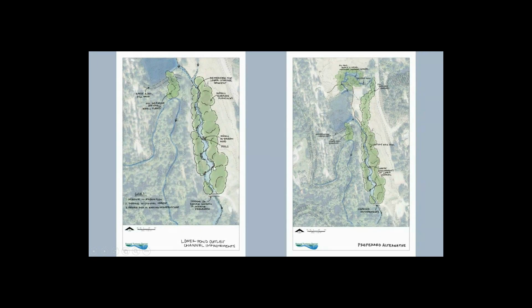The design team has been gravitating towards some preferred alternatives that we're going to tee up for the RTT. Again, on the left, looking at the lower pond outlet and trying to improve that ditch that is Clear Creek now, and then kind of pulling it all together, improving the upper pond, the lower pond, and the flow management.